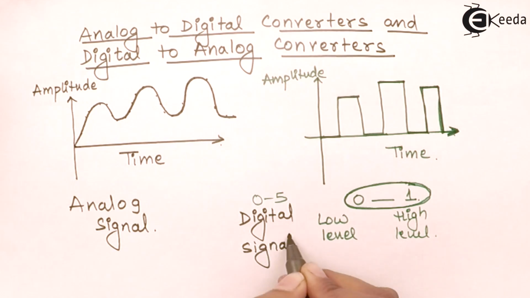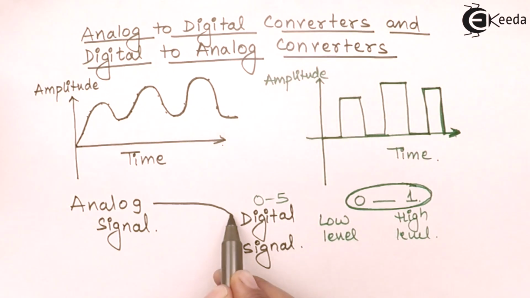As I have said, all the signals in the physical world are analog signals, and the technologies, equipment and instruments working nowadays deal with digital signals. All the systems are based on digital signals. So there is a need to convert these analog signals into digital signals.